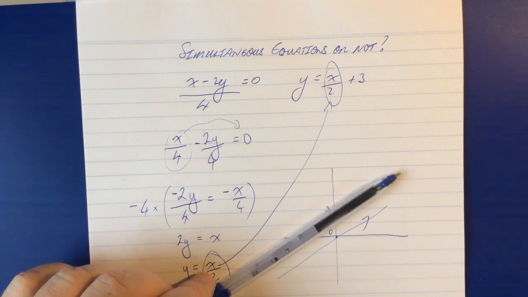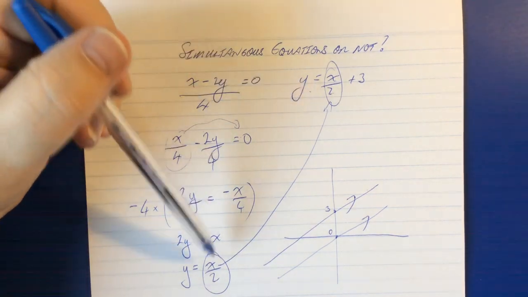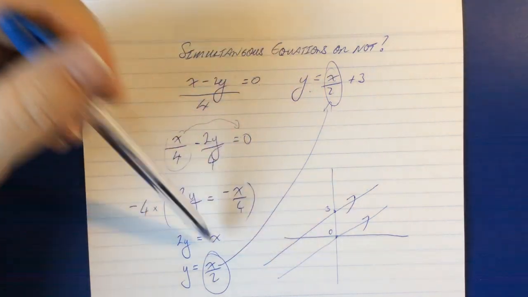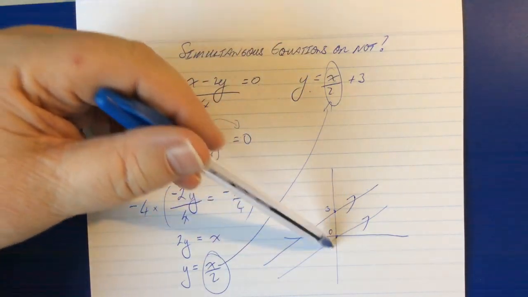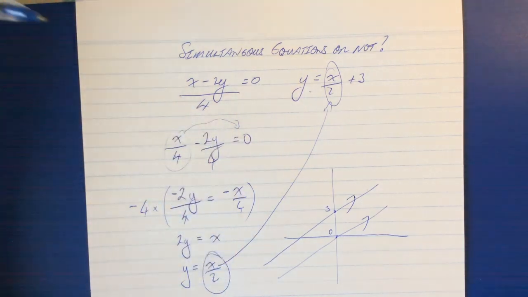Now, in that case, there is a solution, but that solution is infinite. They always equal each other. In this case, they never equal each other. And that's the lesson to take away from here. Where the lines are parallel, and you can see them both, there is no solution, they never equal each other. Hence the title, Simultaneous Equations or Not.